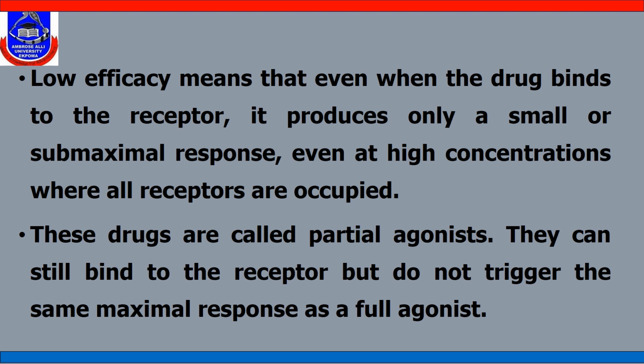While low efficacy, on the other hand, implies that even when the drug binds to its receptor, it produces only a very small or submaximal response, even at high concentrations where all the receptors are occupied.